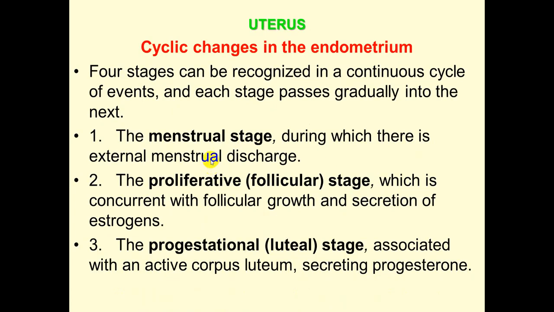So I told you about cyclic changes in the endometrium: the menstrual phase, the first phase of the sex cycle, then the postmenstrual proliferative phase, and the premenstrual or progestational or luteal stage. The menstrual phase means that the level of estrogens and progesterone is very low.